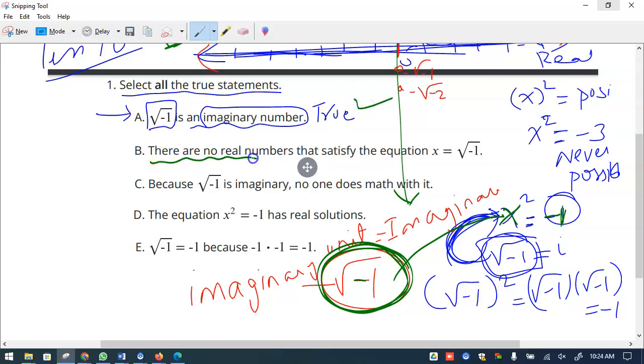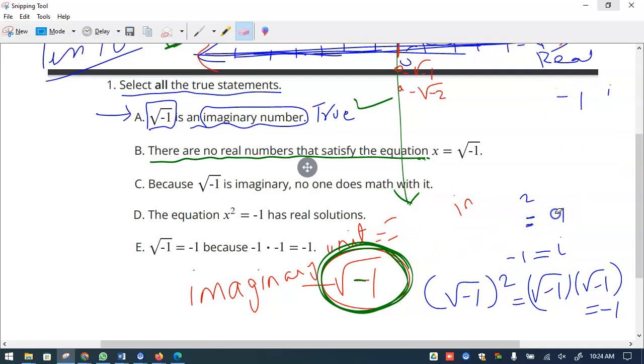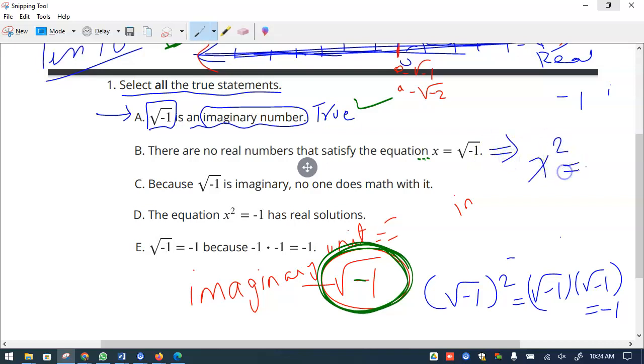Now, there are no real numbers that satisfy the equation x squared equals minus 1. And this also is true. So we don't have, and this is what I was trying to show here. Let me take all this off. Okay. So what this means is, if you square this, x squared is minus 1, see?